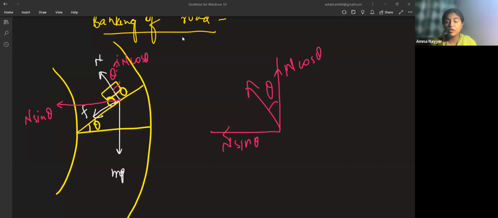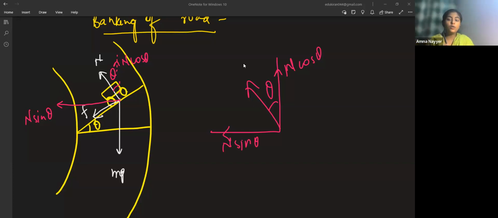Not normal reaction. Normal reaction is a force, it's not the direction. Now see, why isn't it straight? Normal reaction is a force that acts perpendicular to the surface of contact. When you are having the surface like this, normal reaction will be perpendicular. If the plane inclines, normal reaction will now be acting diagonally upwards.